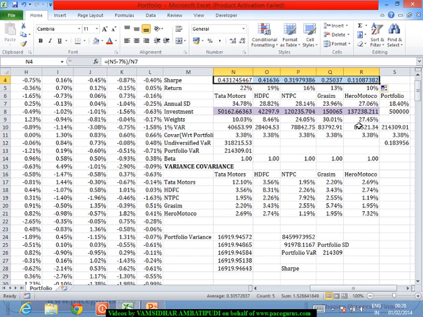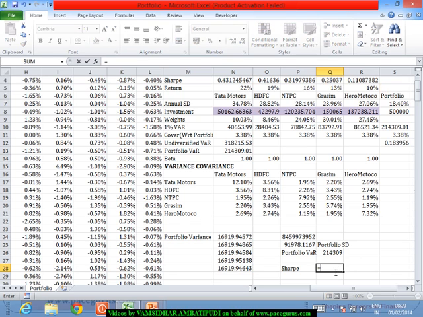Now if I want the portfolio's Sharpe ratio, I simply multiply the weightages with the particular Sharpe ratios. That is what will give me the portfolio Sharpe ratio.